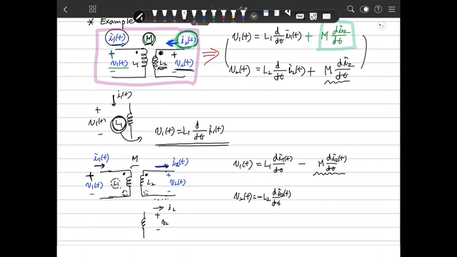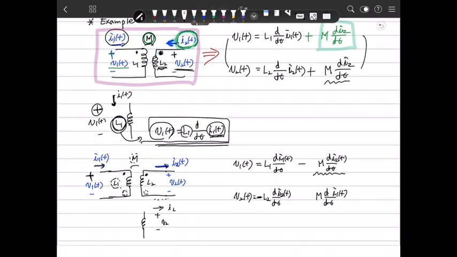When you define that V1 is L d/dt I, then the current is going into the plus direction of voltage. But we define I2 as reverse, so this is minus. And we have another term, M d/dt I1(t).